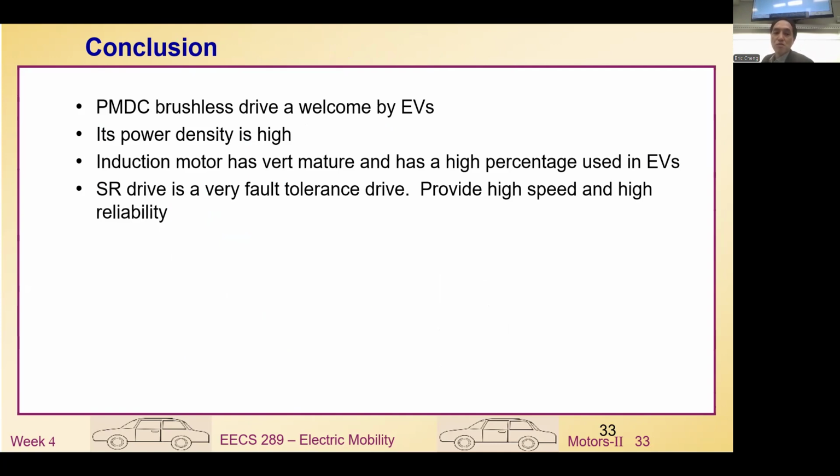But what I would like to do more is the SR motor, switched reluctance motor, because it can provide fault tolerance, which is really important for all motor drive systems. Supposedly, it can also provide really low cost because the motor is really simple, so a low cost solution could be feasible. And high speed motors can also use this SR motor. So this motor does have a good opportunity.